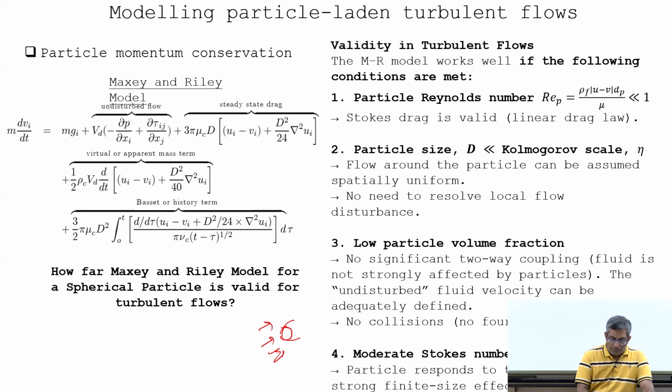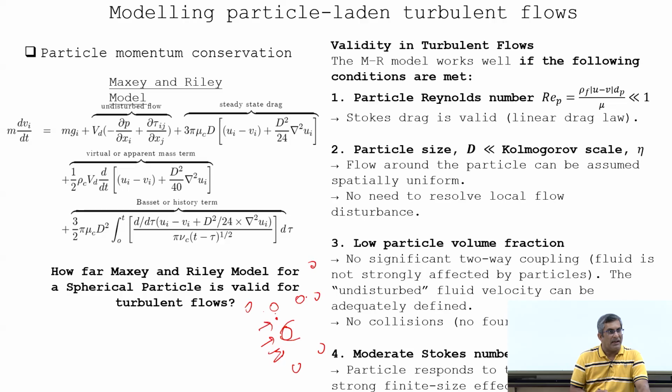But we are outside this zone. We are in a zone where the fluid velocity is undisturbed by the particles. But now you imagine you have a large number of particles around it. You may not have the case that one particle is in the wake of another particle. Even in that case, the local fluid velocity here is influenced by the presence of other particles.